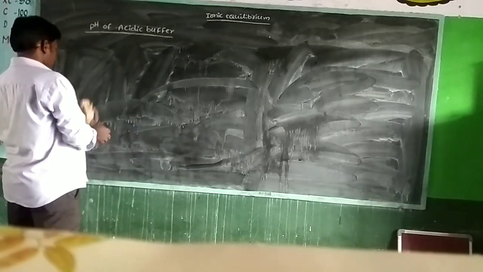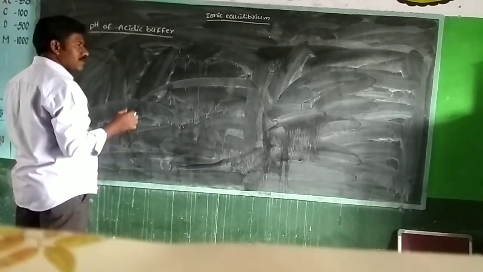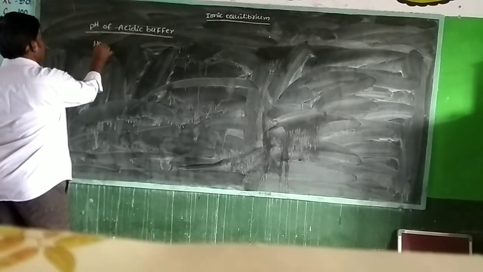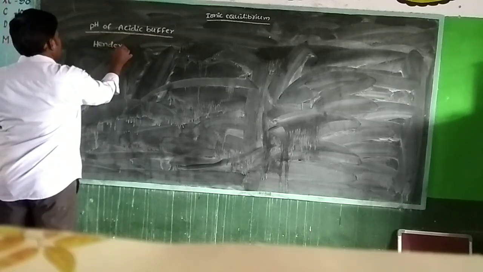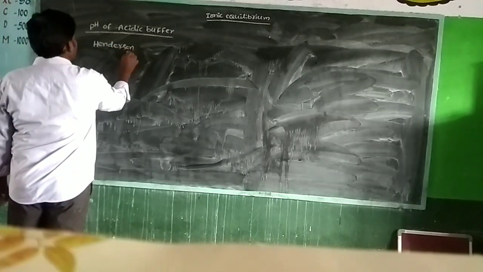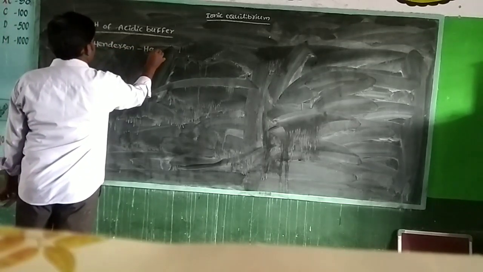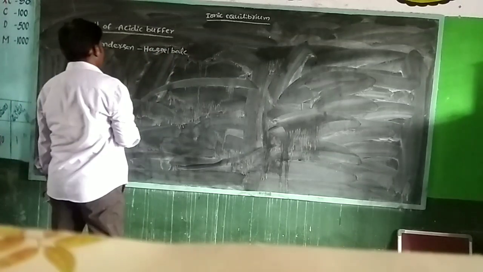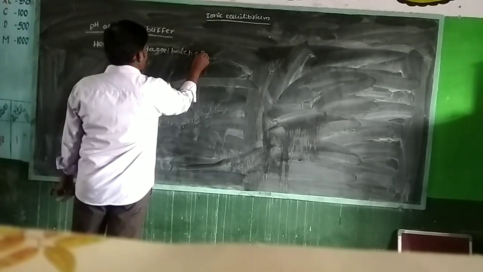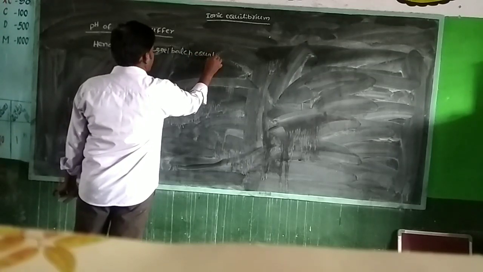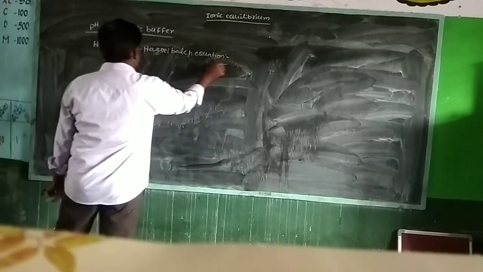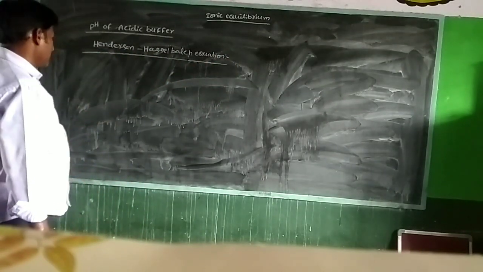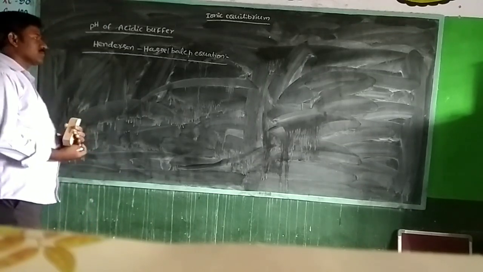One scientist gave an equation to calculate the pH of an acidic buffer: the Henderson-Hasselbalch equation for acidic buffer.